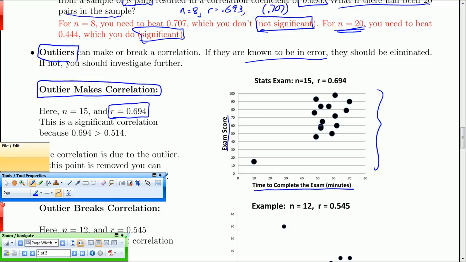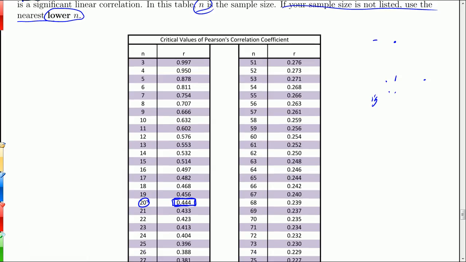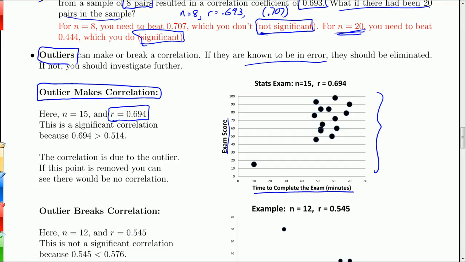And if you look for n equals 15, I need to beat 0.514. So my correlation coefficient results in a significant correlation. So there's a significant correlation with this data.